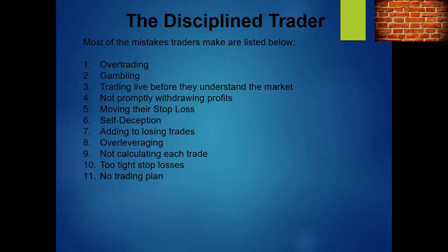Another mistake is not promptly withdrawing our profits. So we build up our account, build it up to $2,000, $3,000, $5,000, and then we start becoming overconfident. We start over trading. We start using high volumes.